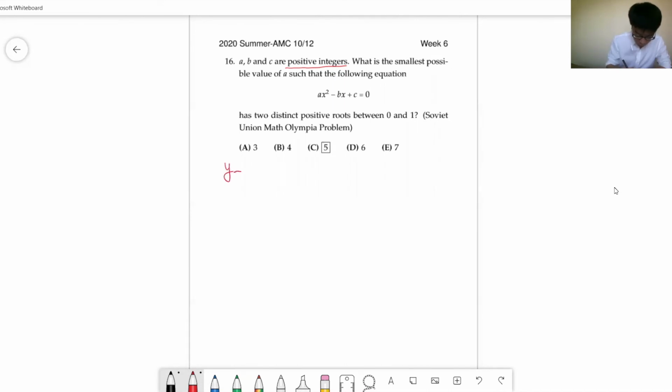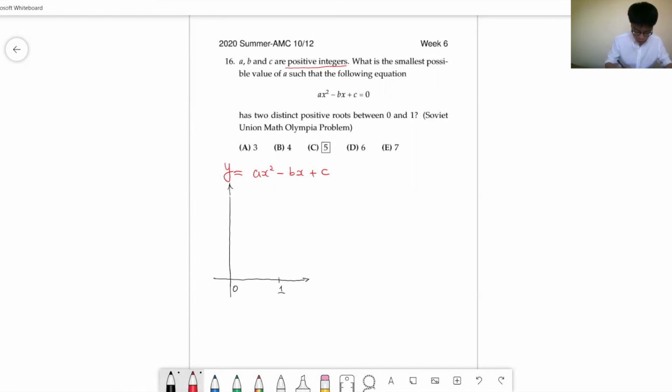The function y equals ax squared minus bx plus c. The roots of the quadratic equation correspond to the intersections of the curve with the x-axis, right? Let me sketch the picture. 0, this is 1.